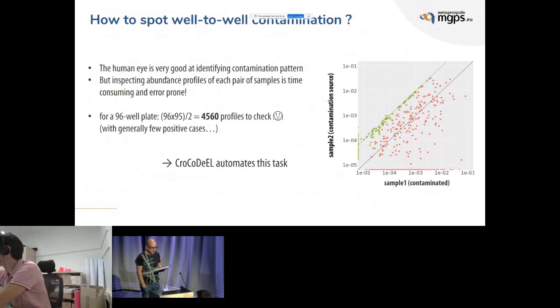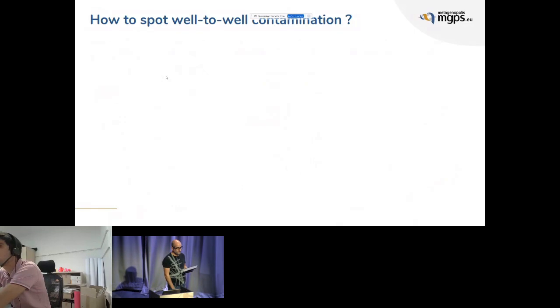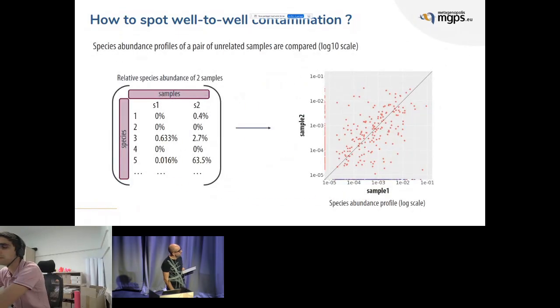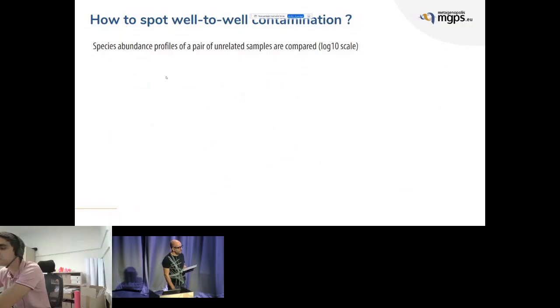Well, actually, if you work with individual tubes, cross-sample contamination has little chance to occur during lab processing. But when you work with plates, it happens a lot because the physical separation between the wells is tight.